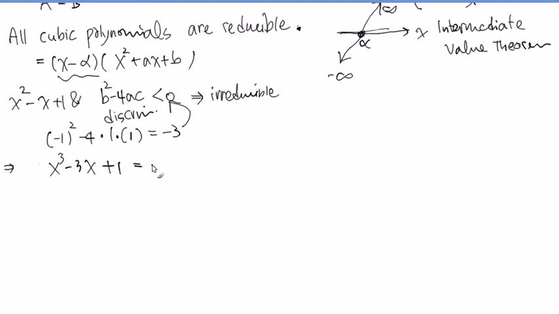That's the only possibility, because the degree is 3. Degree 1, degree 1, degree 1, or degree 2 and degree 1, or this one remained degree 3. Is this irreducible or not? It's reducible, right? It turns out they actually have 3 real roots, real zeros.